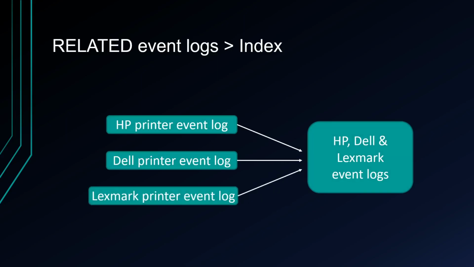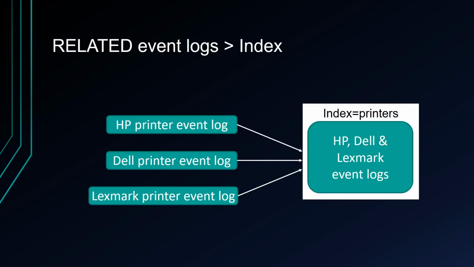So for instance, all printer event logs are in one location or one index, and then you have one giant index that goes over all the important items within those event logs all squished together, and it tells you where to find those. This is basically how a Splunk index is constructed. It's just squishing together a ton of event logs and then indexing all the important items so you can find them quickly.